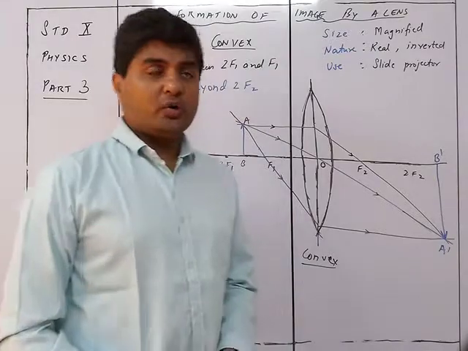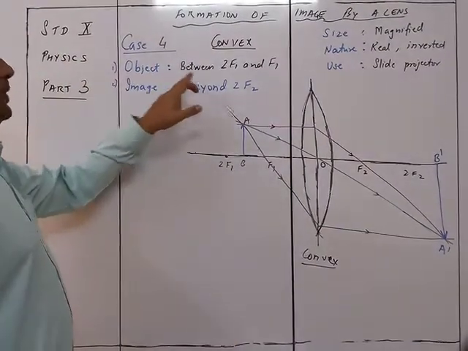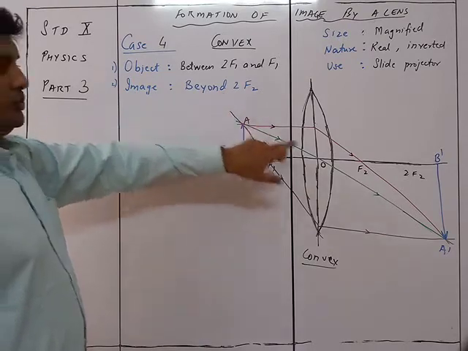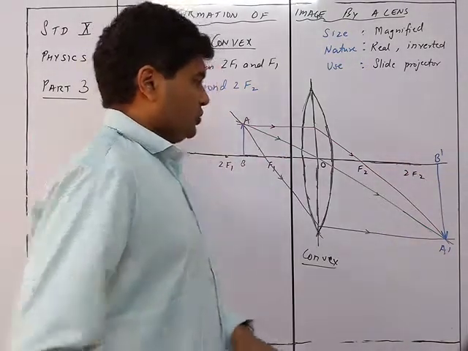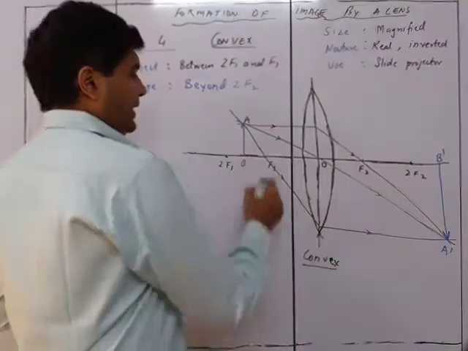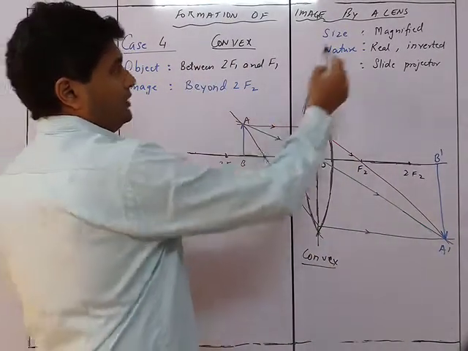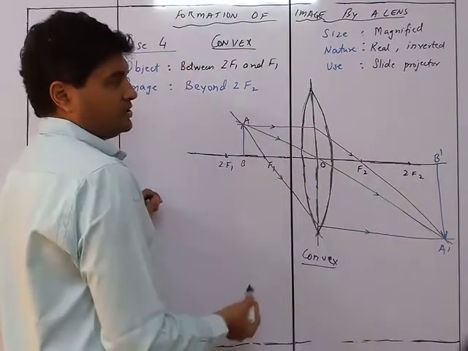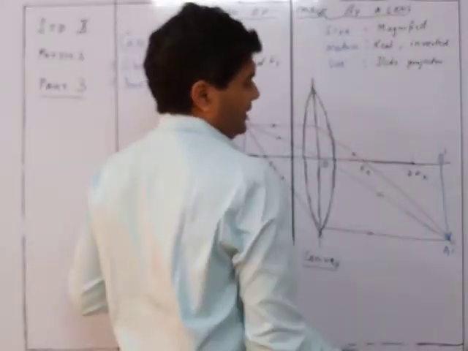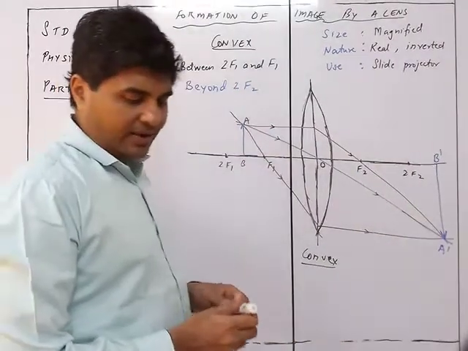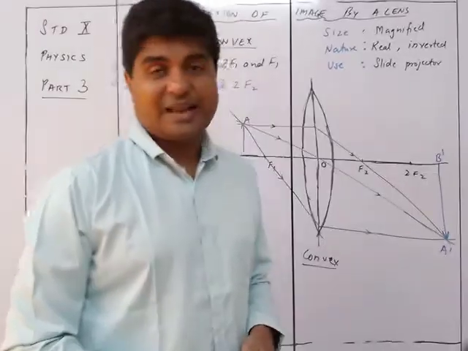So case number 4 was when the object is between 2F1 and F1, image beyond 2F2, and the size is magnified. You can see very well it is much bigger than the original one. Real, inverted, and it is used as a slide projector. The device where it is used is the slide projector.